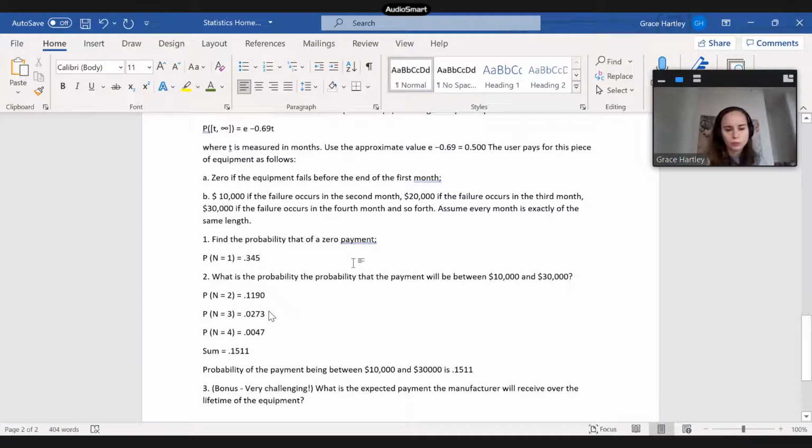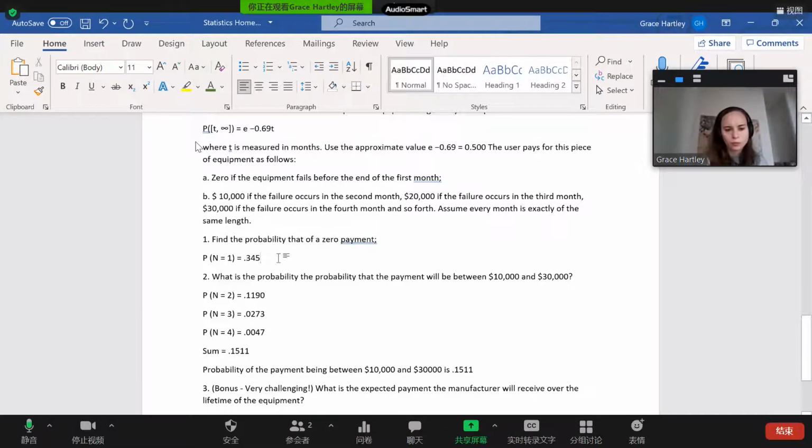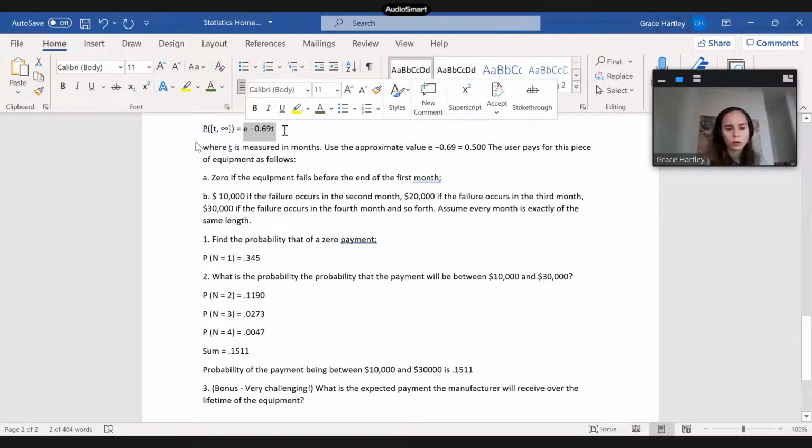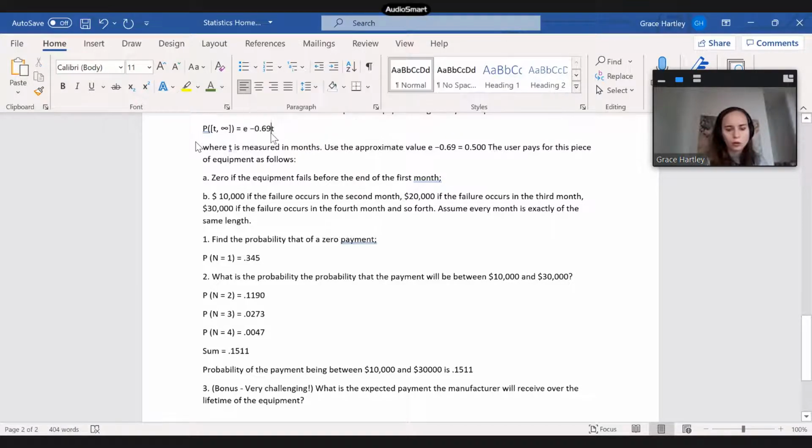If you look at that formula, P from t to unlimited equals e to the power of minus 0.69t. Here you still need to think about the complement, because the unlimited means, so I would do P from 1 to unlimited.